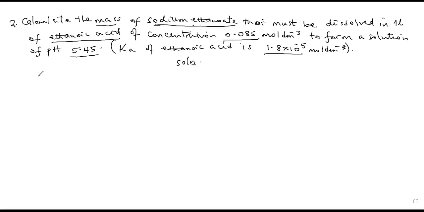So here, let me say what we are given. We are given pH this time round as 5.45. We are given the concentration of ethanoic acid as 0.085.